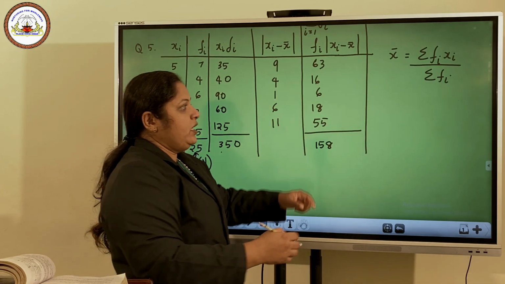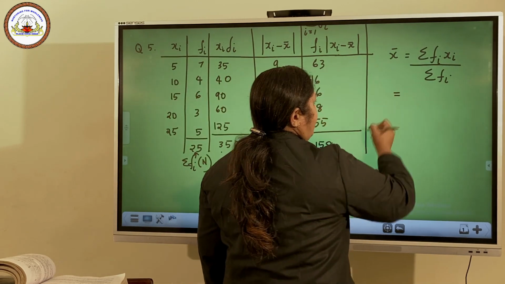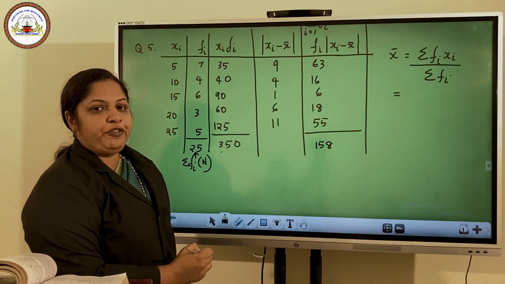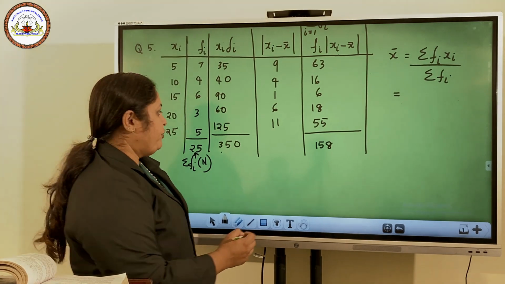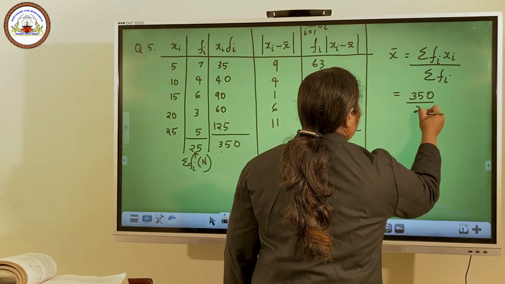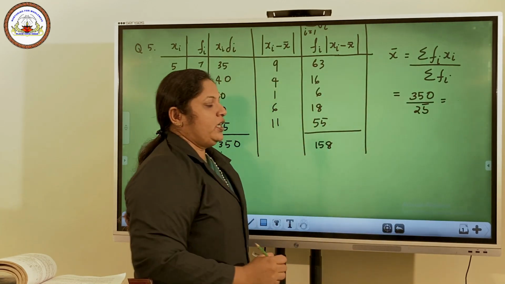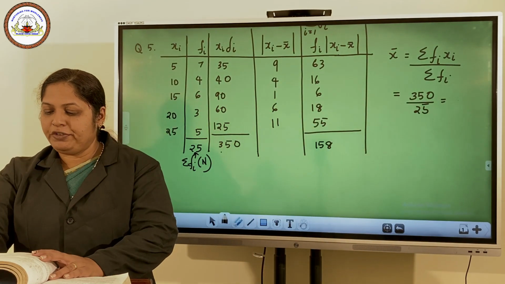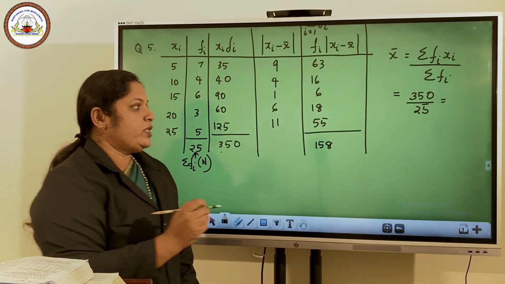To find the mean, you do the sum of fi xi divided by the sum of fi, that is 350 divided by 25, and the value is 14.